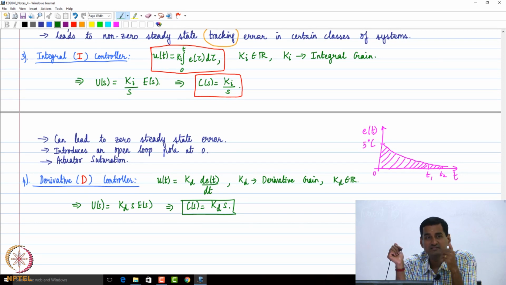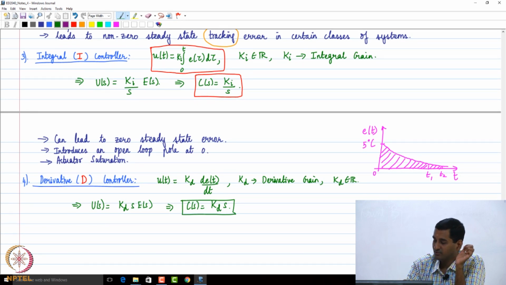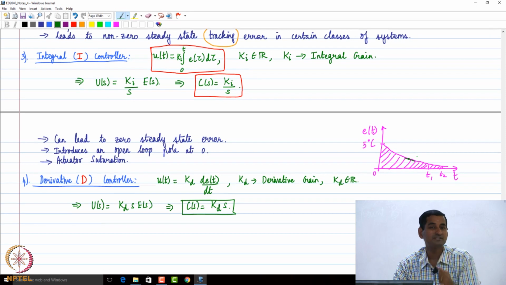But physically, what does the derivative controller do? The error is going to change more in the future, then it will do a higher correction. Okay, very good. So if you look at the derivative action itself, let's say you take any time t. The derivative is going to calculate the slope of the error. So in a certain sense, it's peeking into the future.